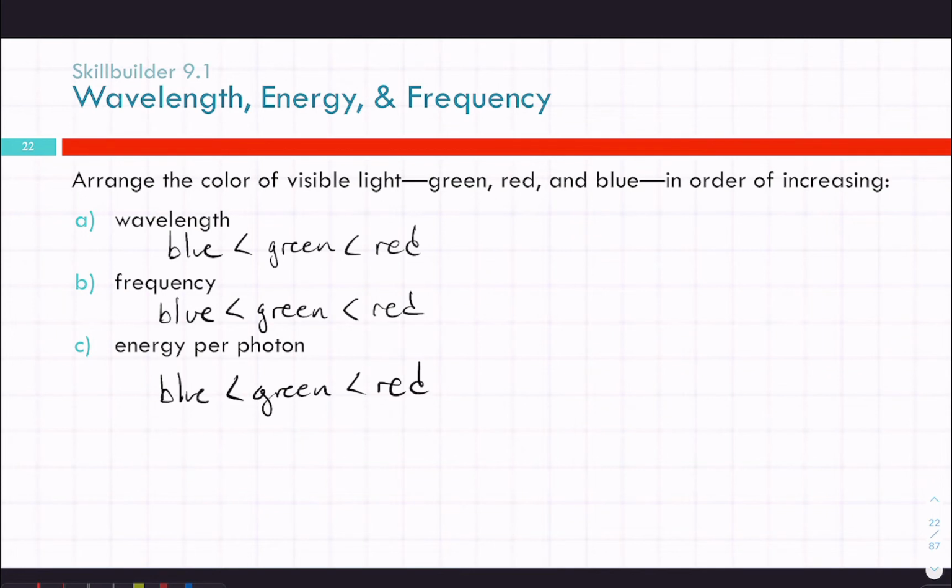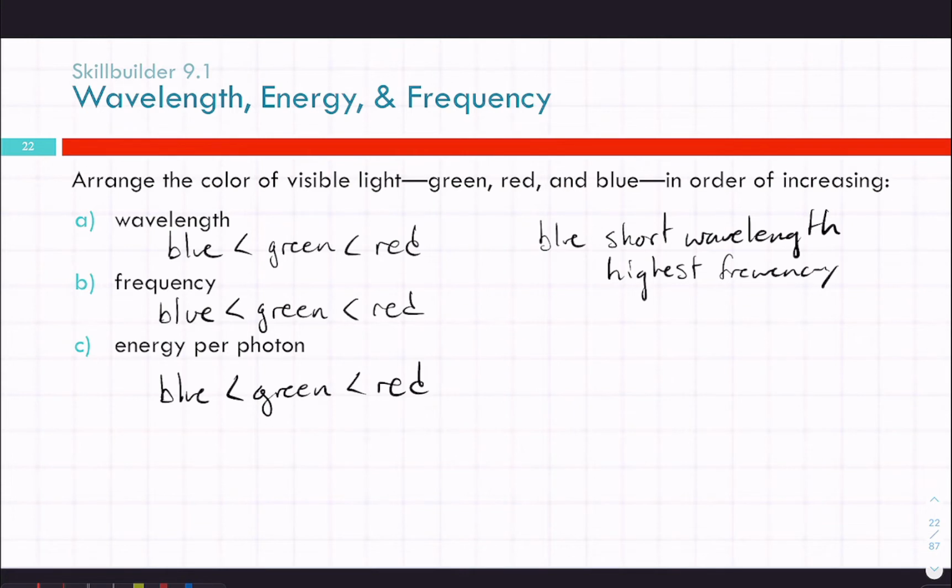Okay, wait, you're saying, so the blue is the what? Blue has the shortest wavelength. Oh, I see. I'm going this way, but it's this way. Okay, got it. Yeah, shortest wavelength is the highest frequency.